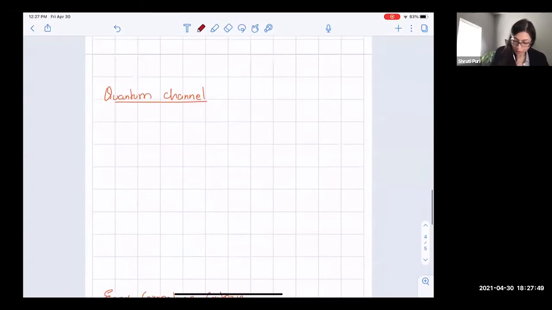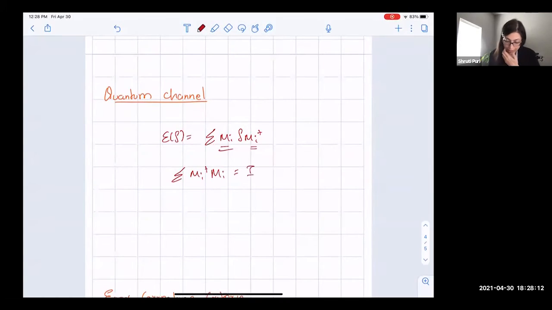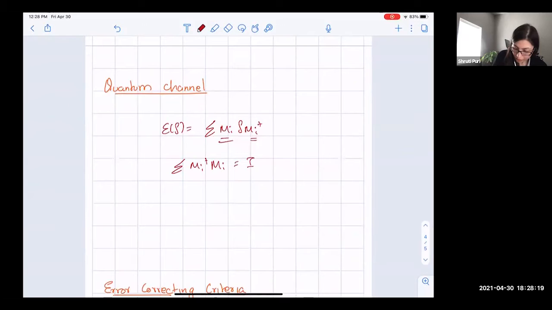Okay, so basically we will be looking at the quantum channel formalism. Any quantum operation can be written as a linear Kraus map, and the only thing that these Kraus operators M_i need to satisfy is that the sum of M_i dagger M_i has to equal identity. In the case of qubits, you must have looked at a Pauli error channel where these M_i are the Pauli operators.